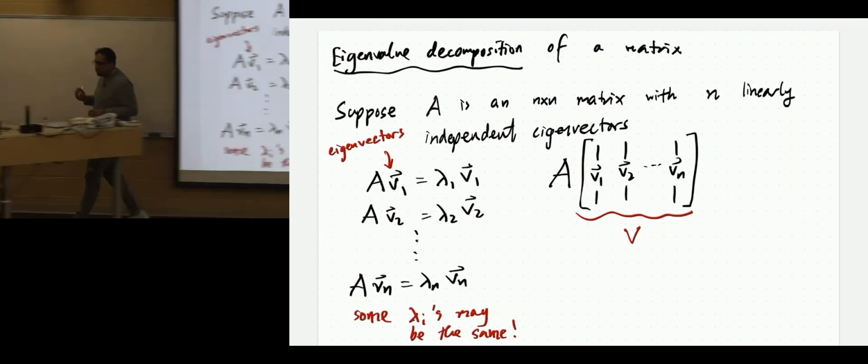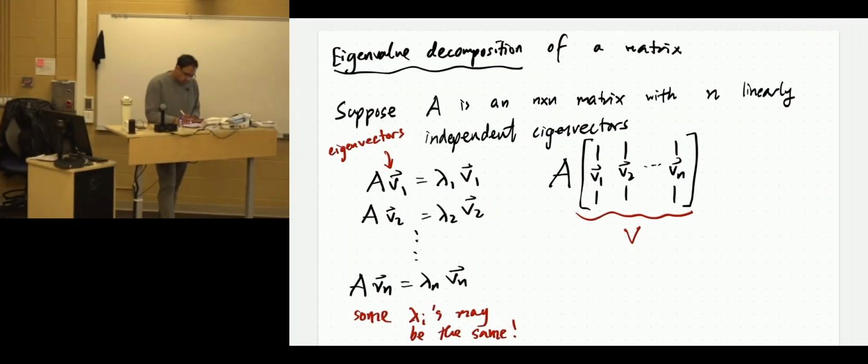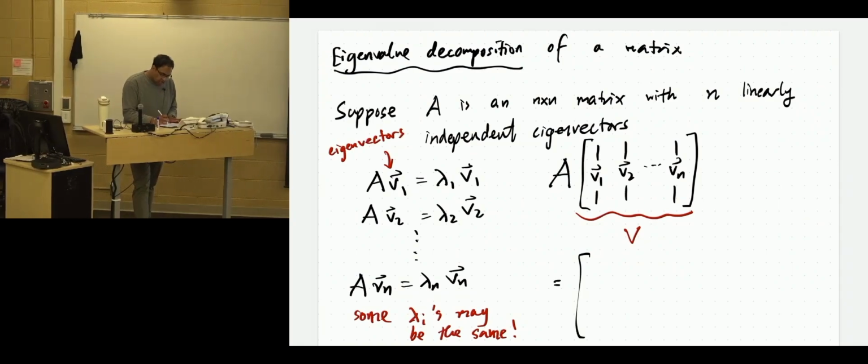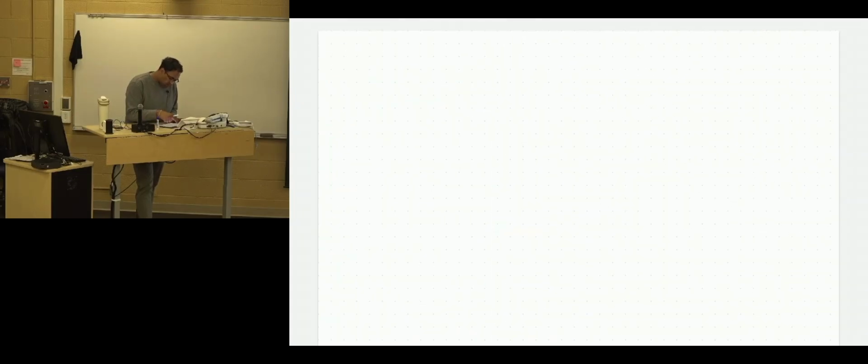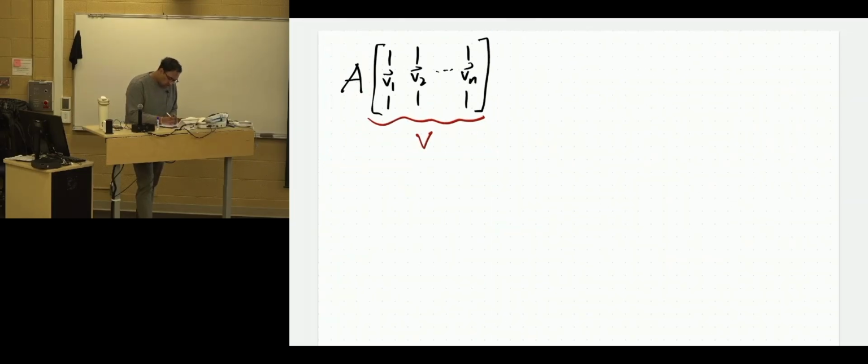So in this outputted matrix, we're going to need more space, so let's make a new slide. The columns are going to look like A times V1, A times V2, all the way through A times Vn.